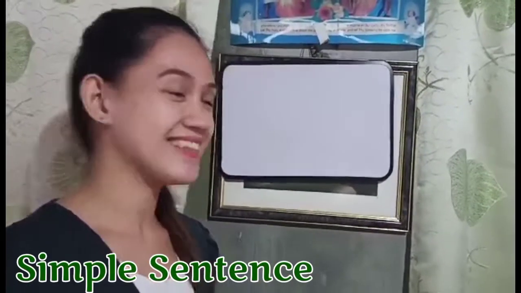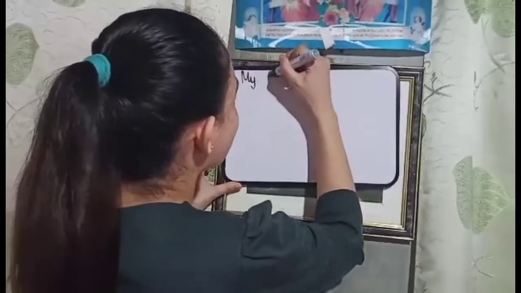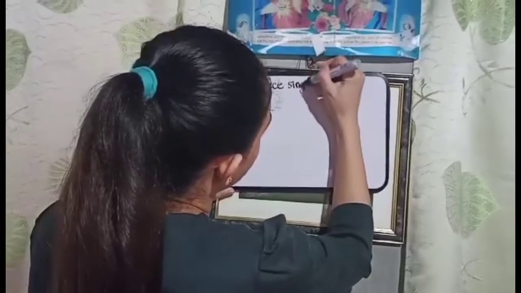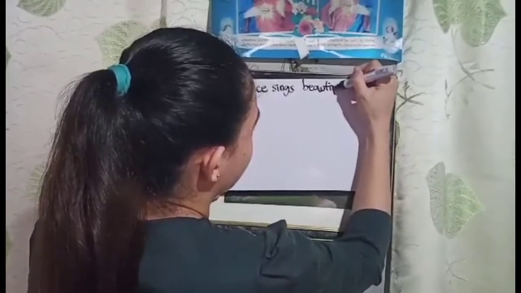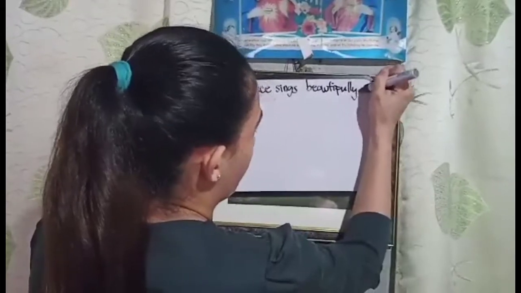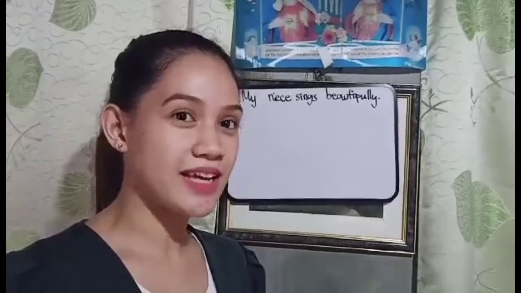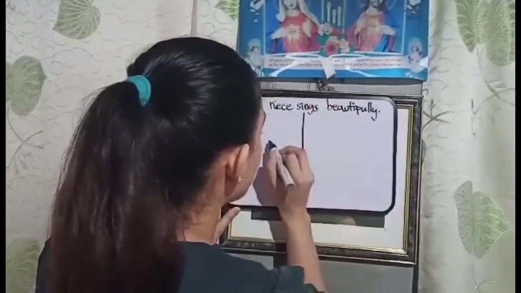The second sentence that we will diagram is also a simple sentence. For example, my niece sings beautifully. The first thing that we need to do in diagramming is to draw a vertical and a horizontal line.